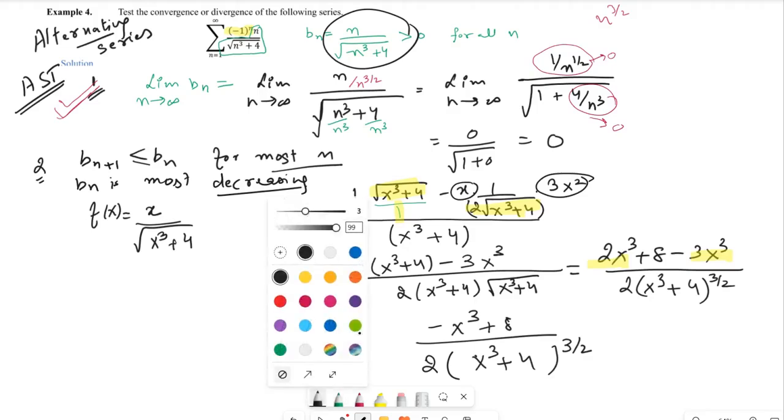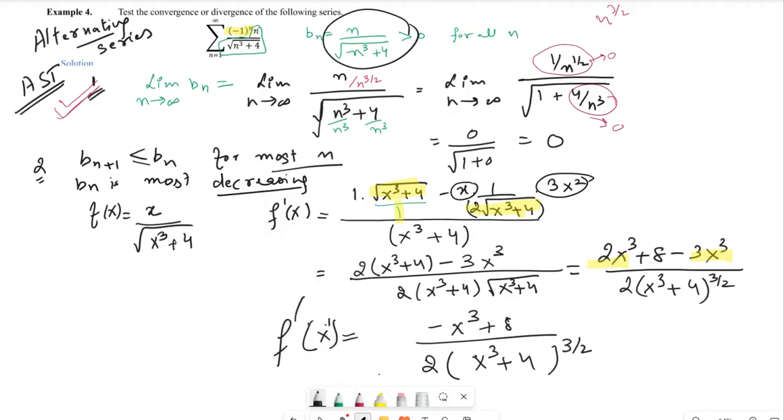Now, we want this to be negative, right? So we want basically this number to be negative. So negative x cubed plus 8 should be negative. That means x cubed should be more than 8.